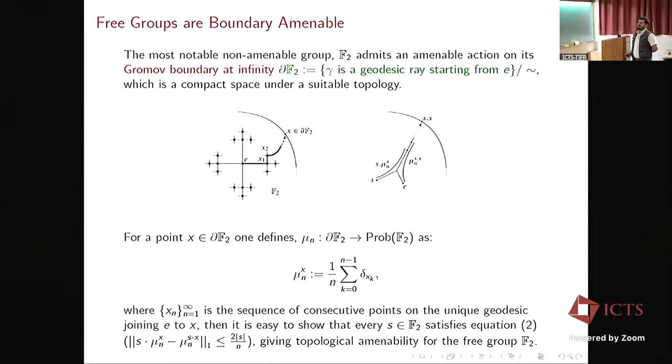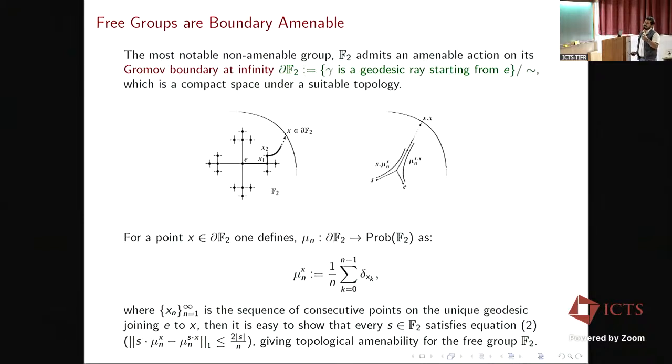Now, what do I do here? This example will be a very suggestive one, because in all the further generalizations of this fact, this is essentially what we would be doing. We will have this example in the back of our mind. So what is happening here? What is the assignment? We take a point in the boundary. We have a unique geodesic ray starting from identity. And for this point, we need to assign a sequence of probability measures.